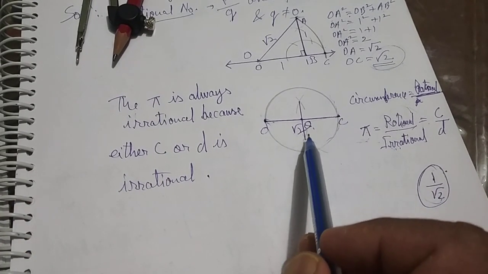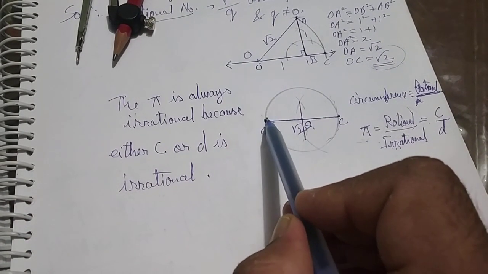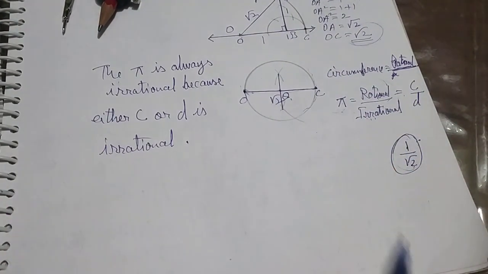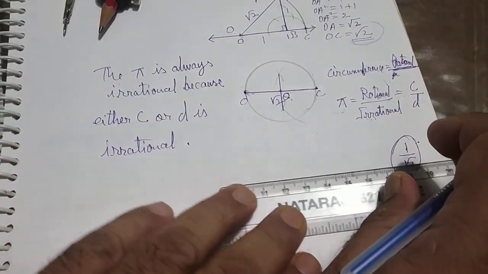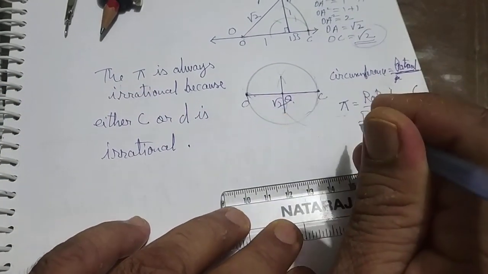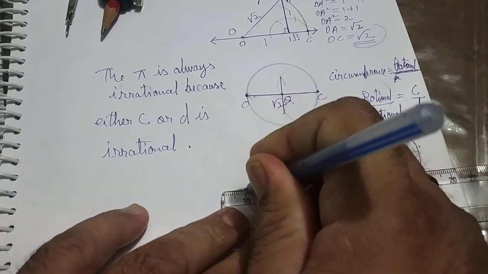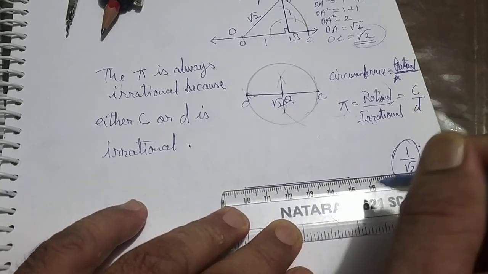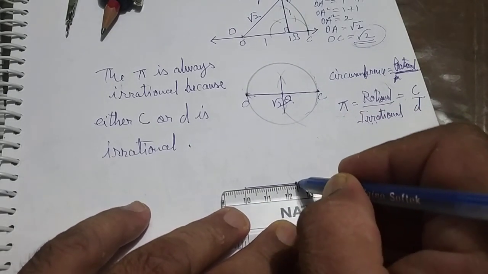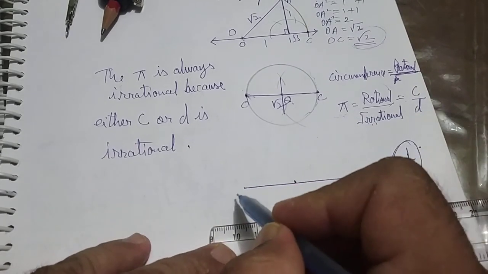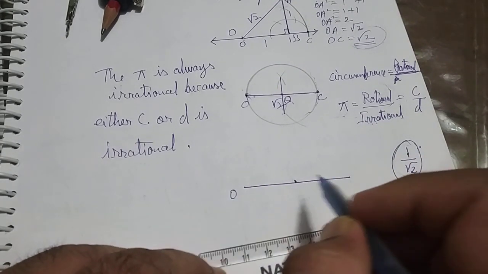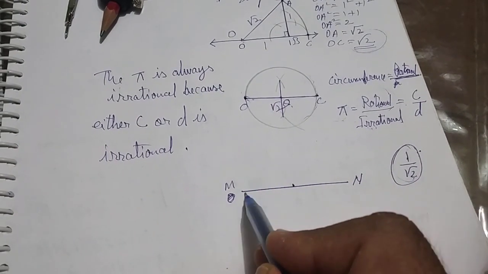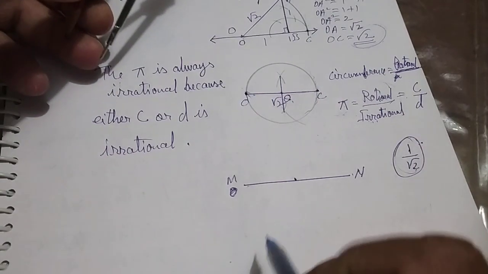Similarly, it may be possible that your diameter is rational. For example, you take diameter equal to say 5 centimeter. I am taking this from here 10 to 15. This is 5 centimeter, and this is the midpoint. Now let it be any other MN. Now I have taken MN as 5 centimeter, and this is the midpoint of MN.